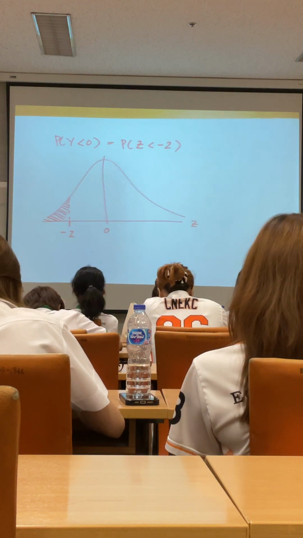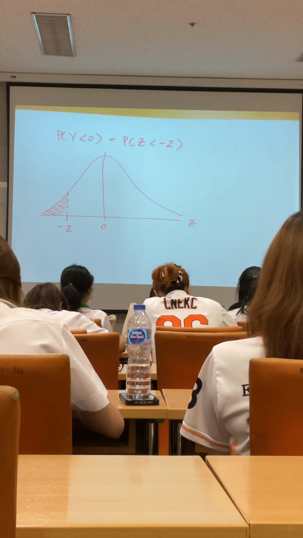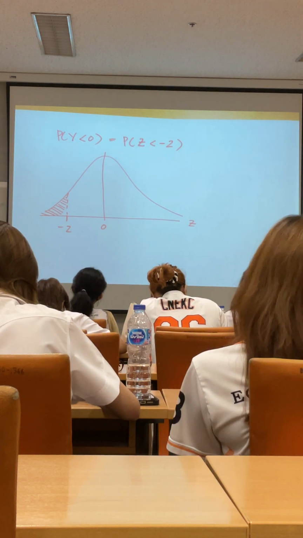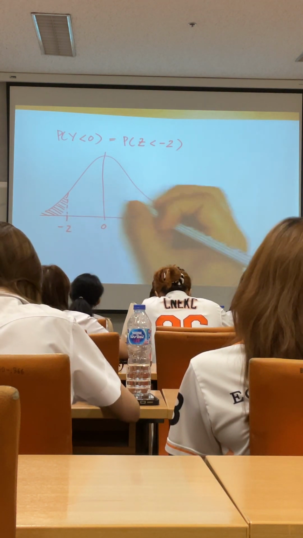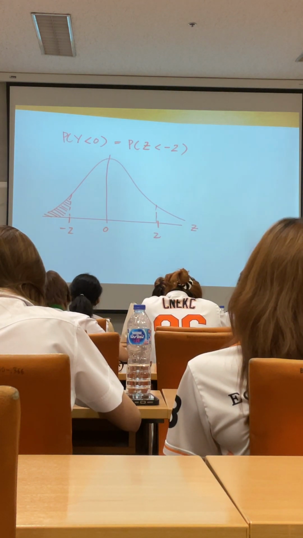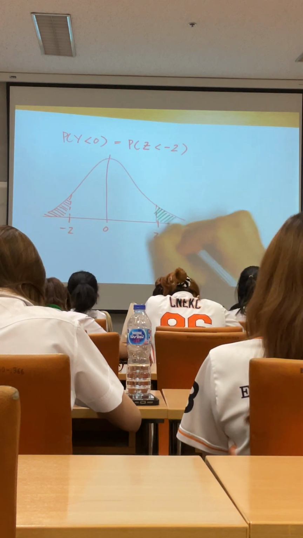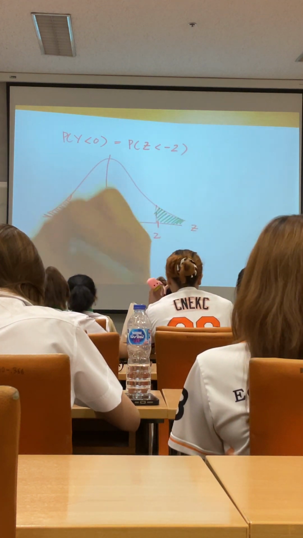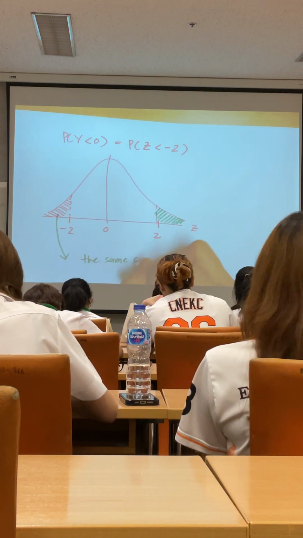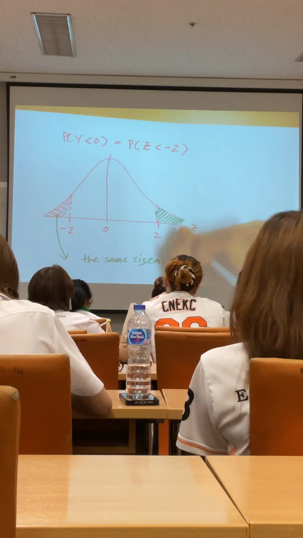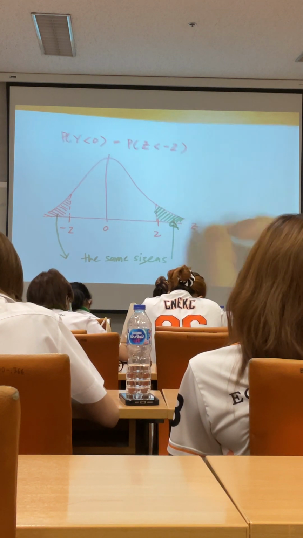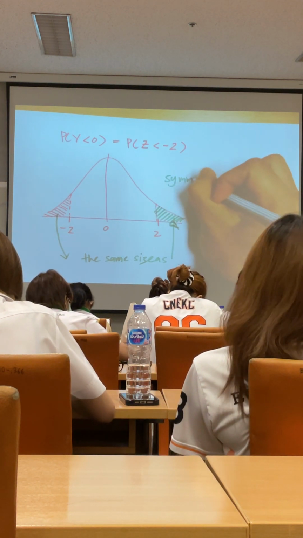Because the distribution is symmetric, the left and the right are the same. Instead of minus 2, you can use 2, and this area will be the same size as this area here because of symmetry.